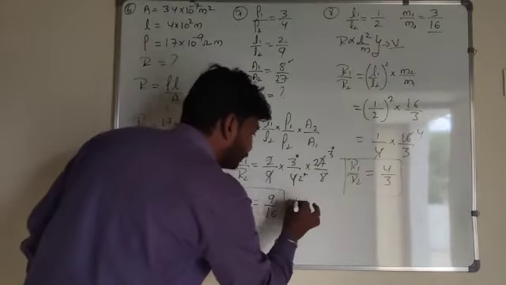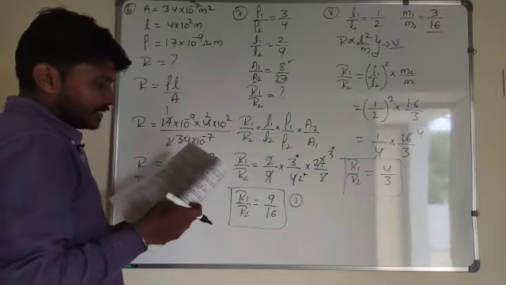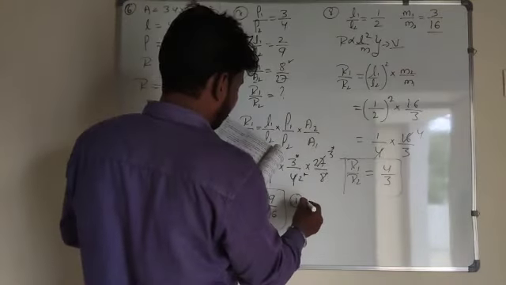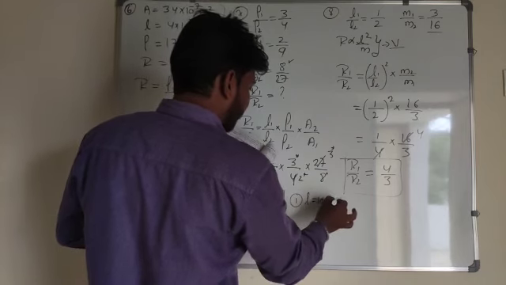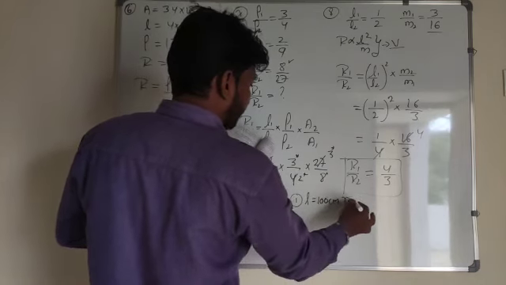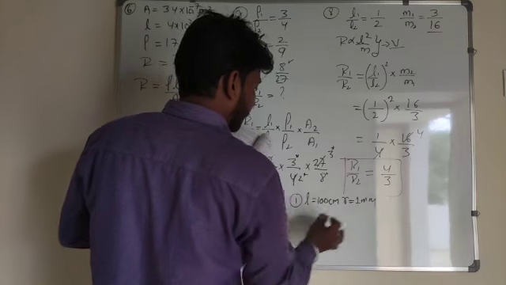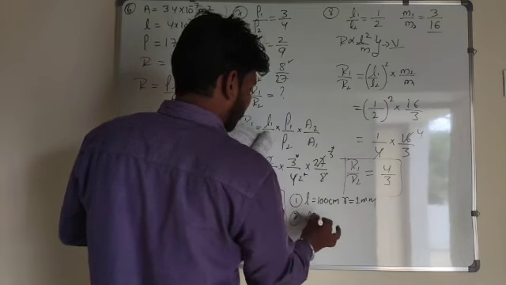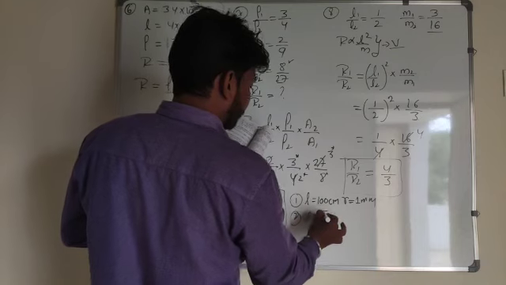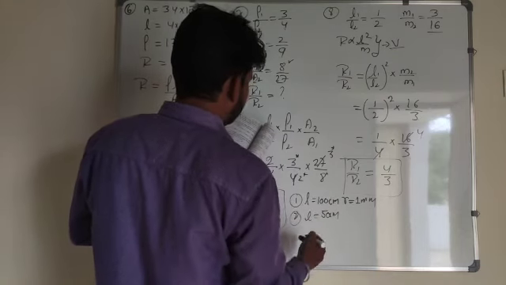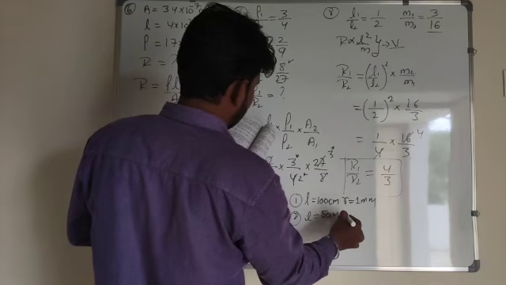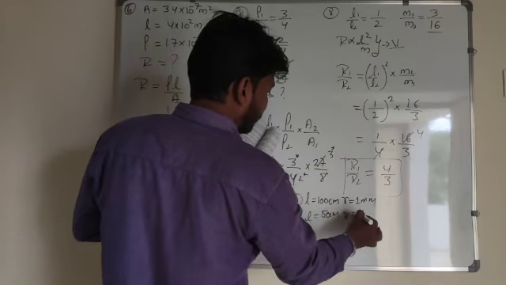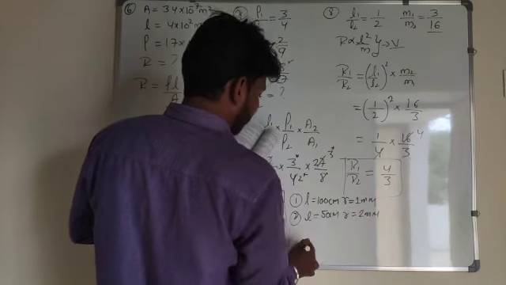They mention 4 wires' length and radius. First one, L is equal to 100 centimeter and radius is equal to 1 millimeter, and second one, L is equal to 50 centimeter, radius will be 2 millimeter.